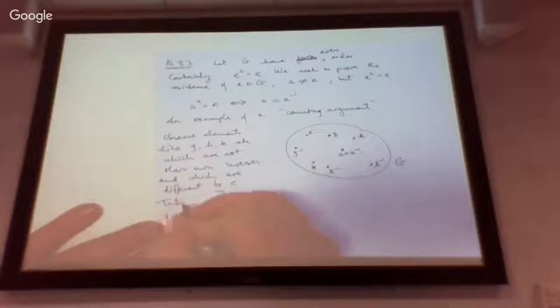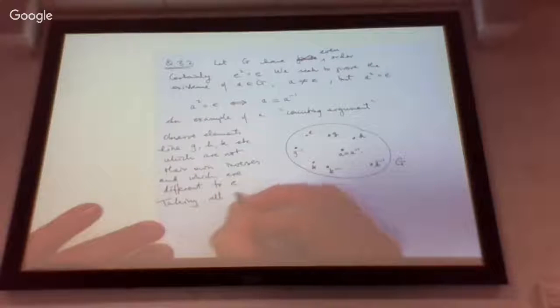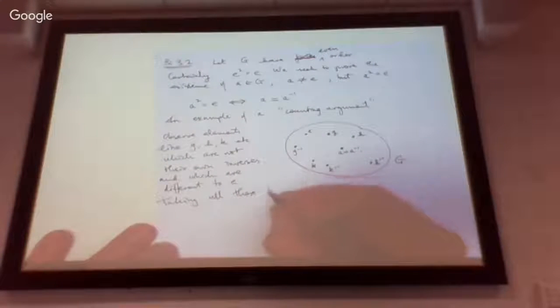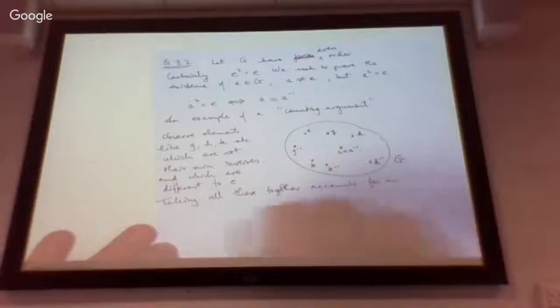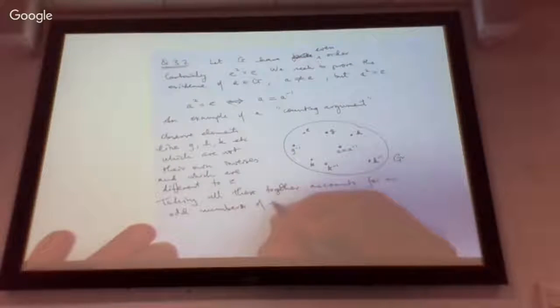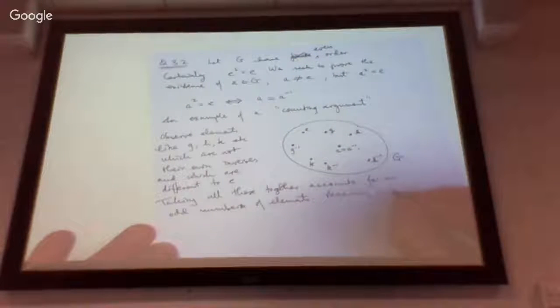Taking all these together, I don't want to waffle too much because we've seen the essential point. Taking all these together accounts for an odd number of elements, because it's a load of pairs plus the identity. Meaning, because G is even, the order of G is even.